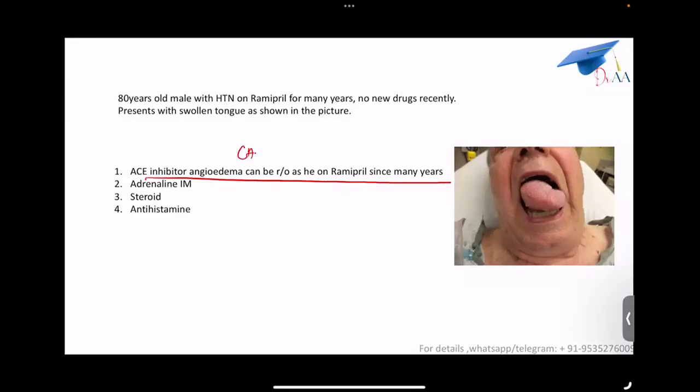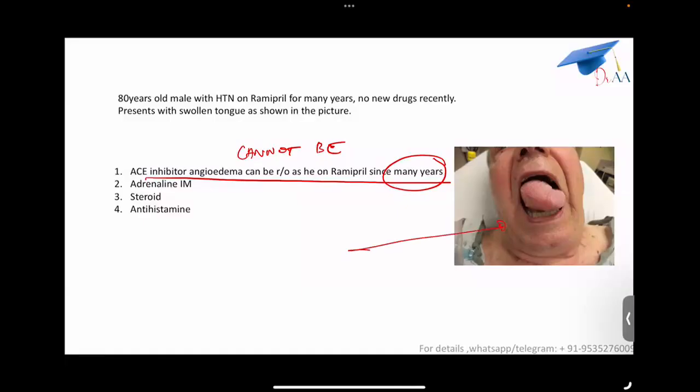It cannot be ruled out. Even after many years on ramipril, they can still have ACE inhibitor induced angioedema. You cannot rule out ACE inhibitor angioedema just because the duration is in years.